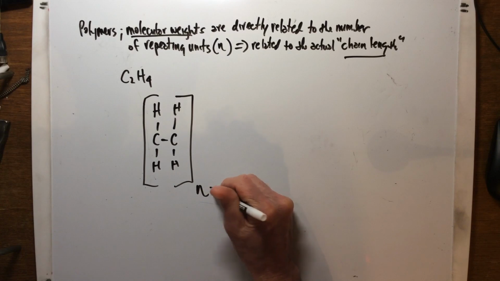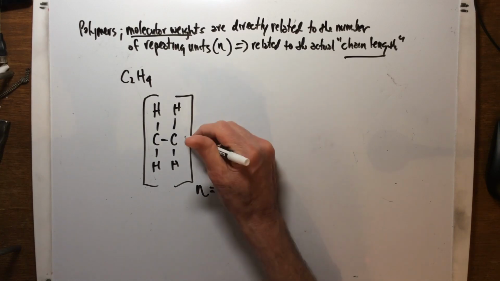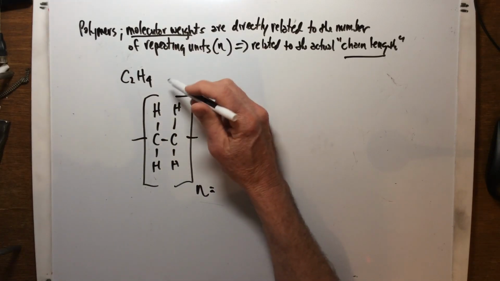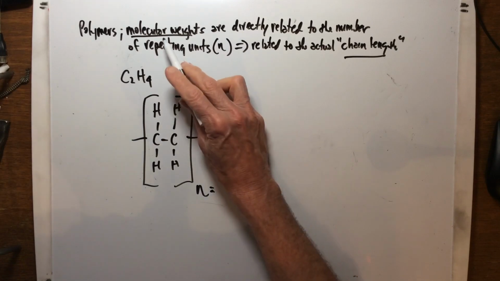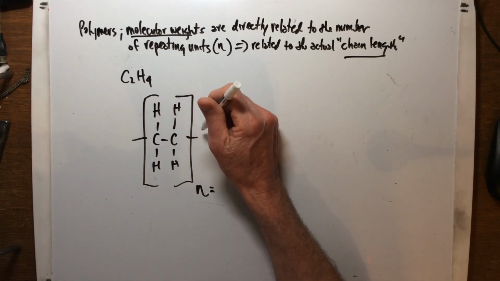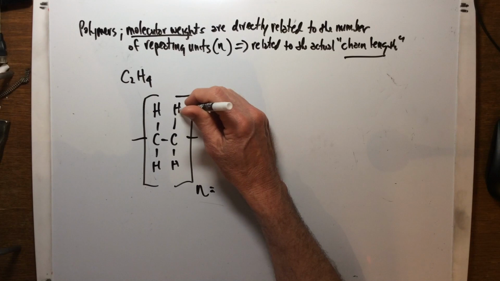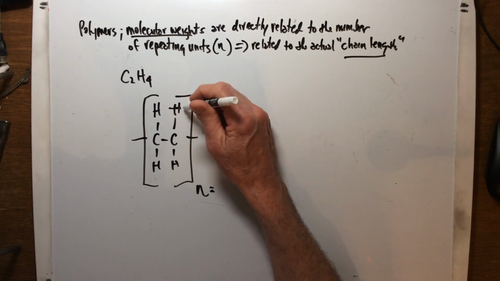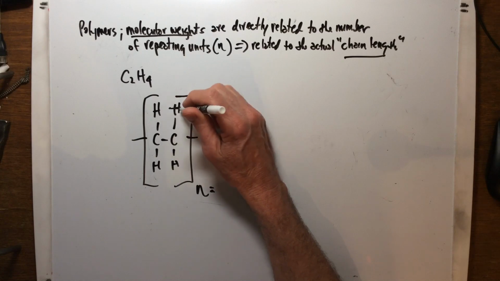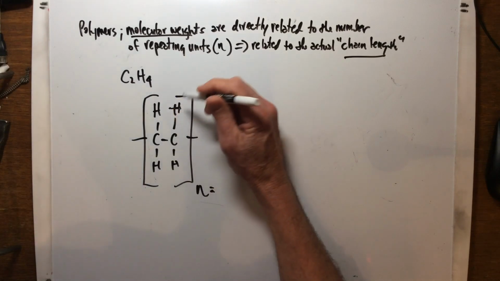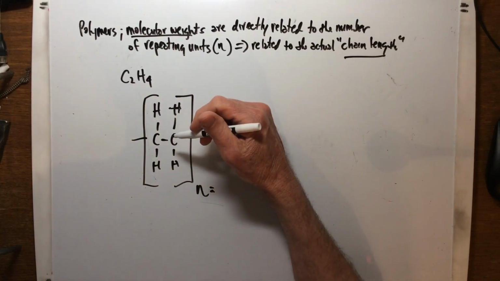And let's leave this N open for the time being. Okay, so you would think then, to try to find the molecular weight of a polymer, what you need to do is first find the individual weight of the monomer, which is going to be comprised, of course, of the atomic weights of the elements that are involved in that monomer.